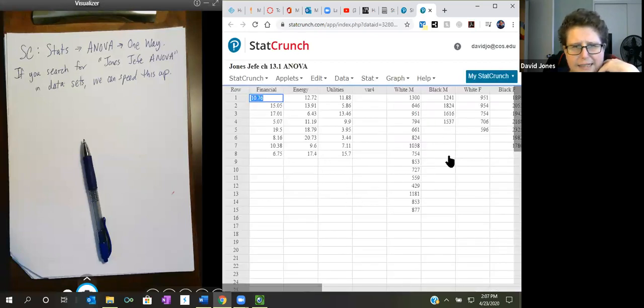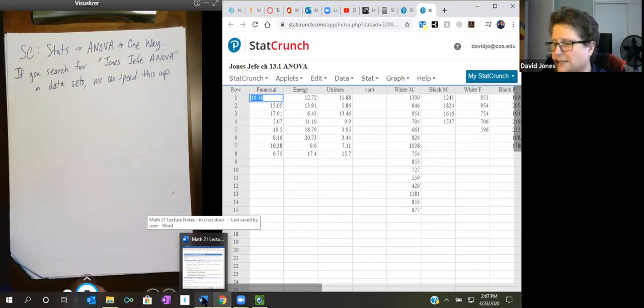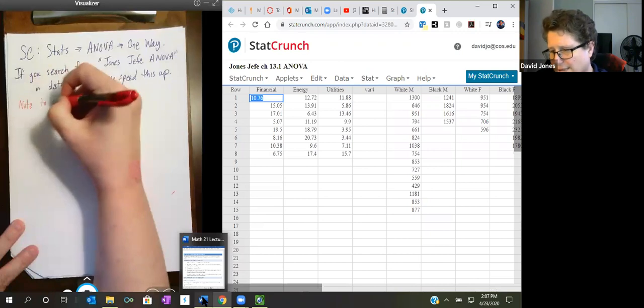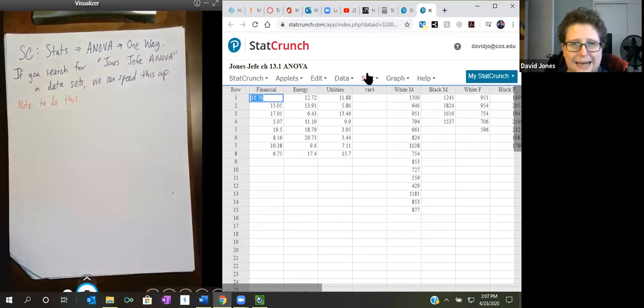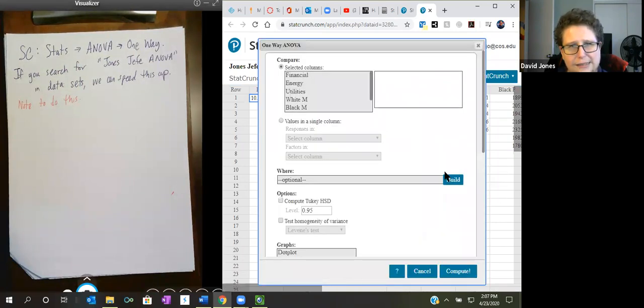So these data sets come from the problems in the lecture notes. I'm going to pull the lecture notes back up, but now the data is already in there. Note, to do this, when we look at stats, ANOVA one way, there is no option for summary stats. It wants the columns of data.